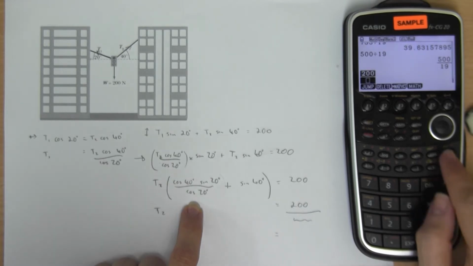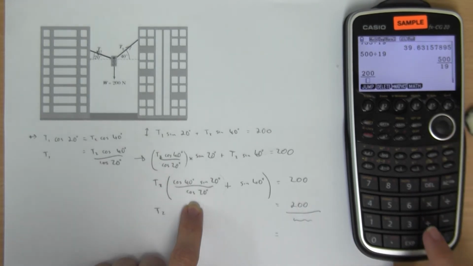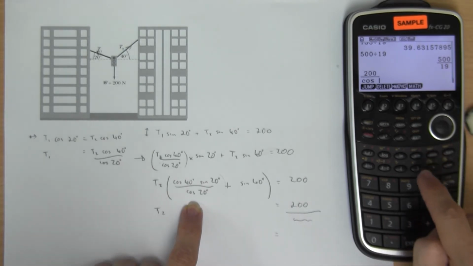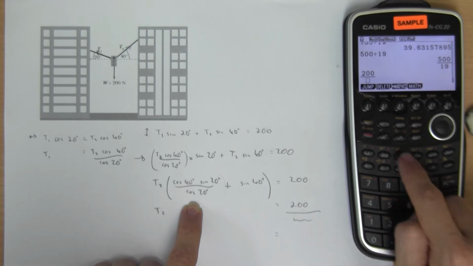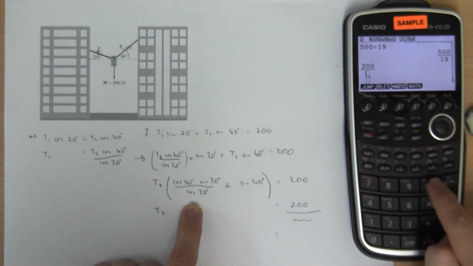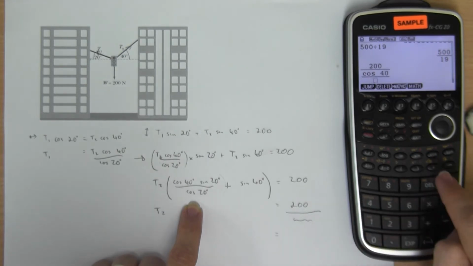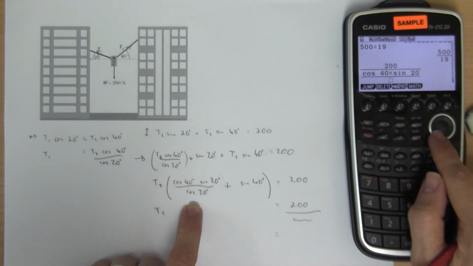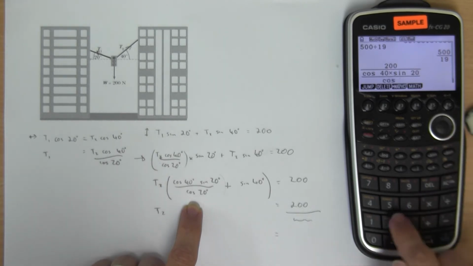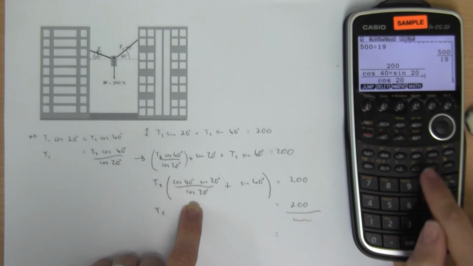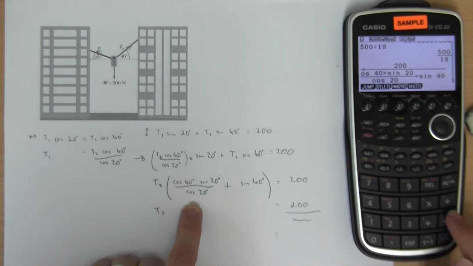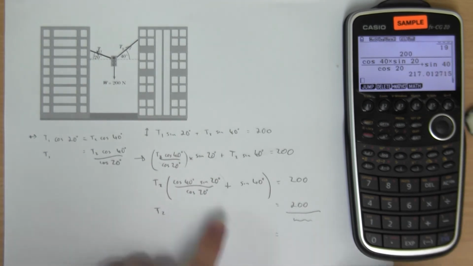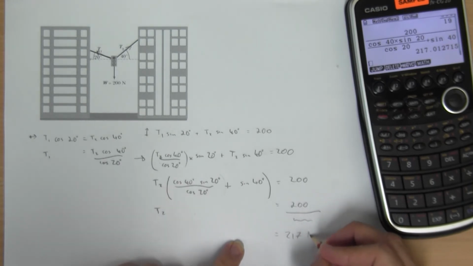There we go. 200 divided by, let me do this carefully, another fraction, cos 40 sine 20 over cos 20 plus sine 40. I'm actually so doubtful about this calculator doing what I want, I'm considering trying again without the fancy fractions. It says 217 newtons.